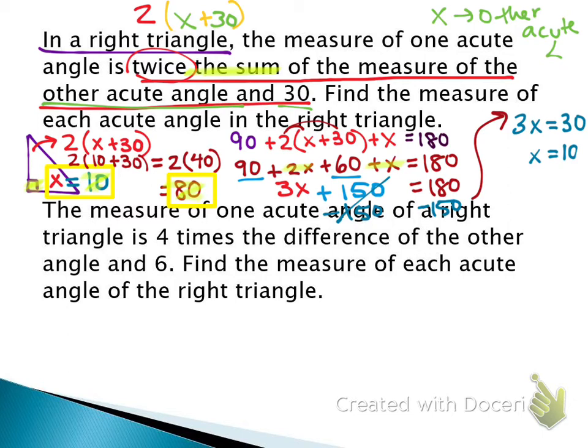All right, and then last, we still have a right triangle. So you got a right angle. It says the measure of one acute angle of a right triangle is 4 times the difference. This time it'll be parentheses with a minus sign, the answer to a subtraction problem.